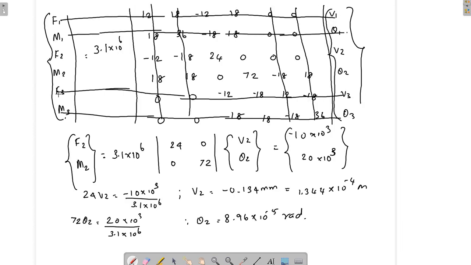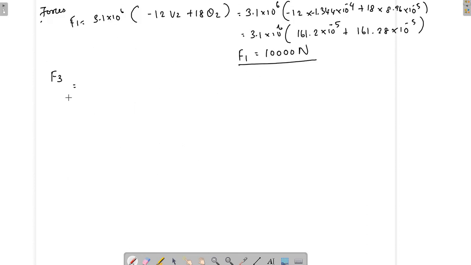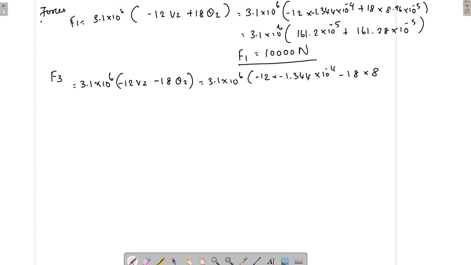F3 is equal to minus 12 V2 minus 18 theta 2. So 3.1 into 10 power 6 minus 12 V2 minus 18 theta 2. Substitute the value: 3.1 into 10 power 6, minus 12 into V2, which is minus 1.344 into 10 power minus 4, minus 18 into 8.96 into 10 power minus 5.